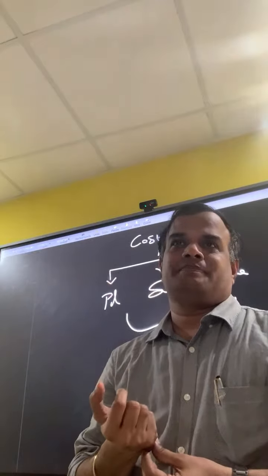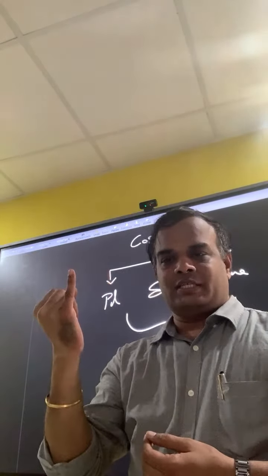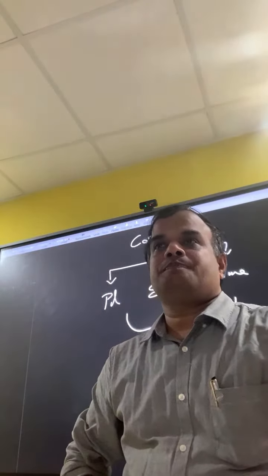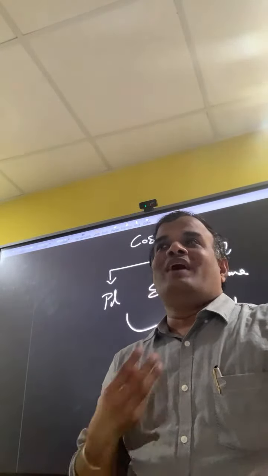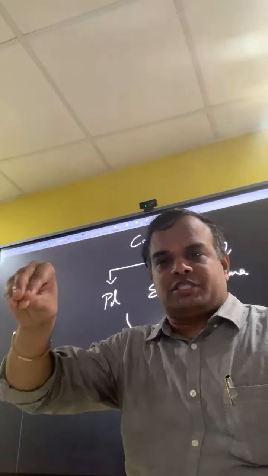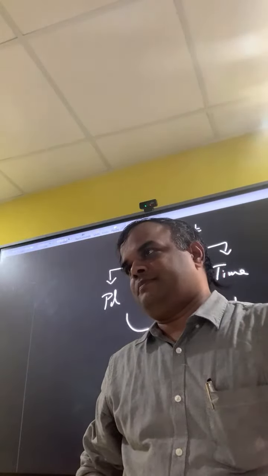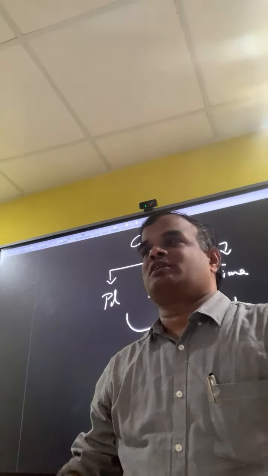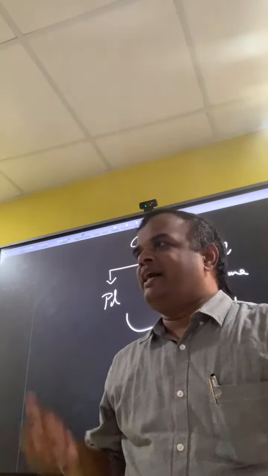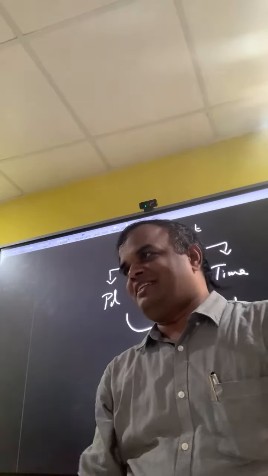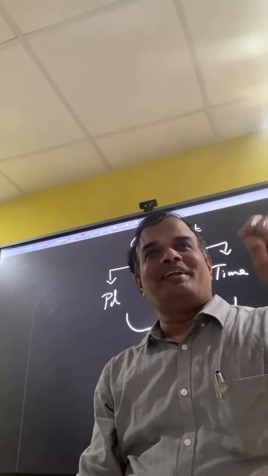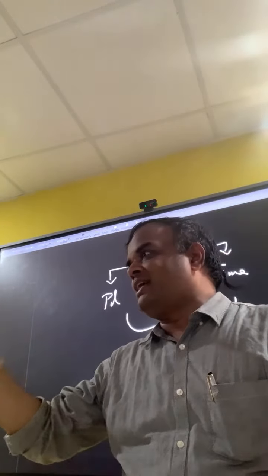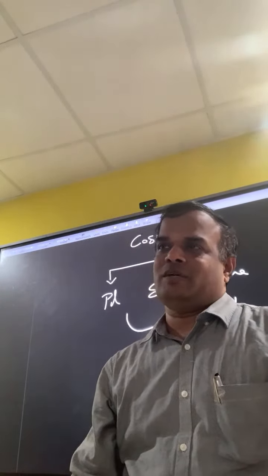Cost center, I said, is the location, person, item of equipment where I am going to incur the cost. Where you are going to take the coaching is called coaching center. Similarly, where I am going to incur the cost is called cost center.